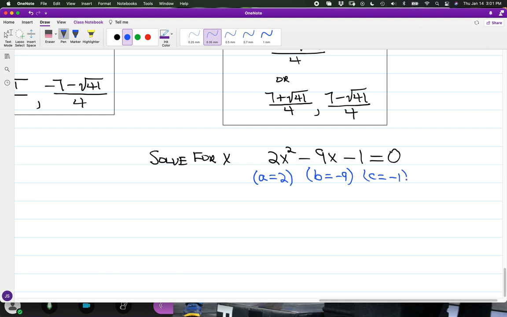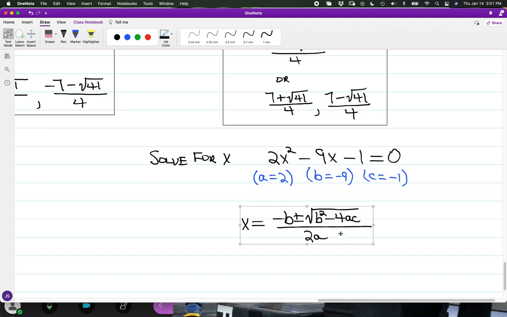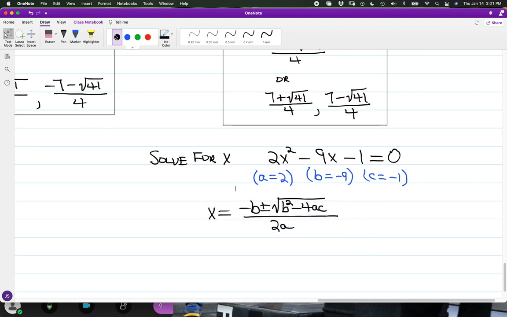And c is going to be at negative 1. And so, in the reapplication of the quadratic formula, we have negative b plus or minus the square root of b squared minus 4ac all over 2a.